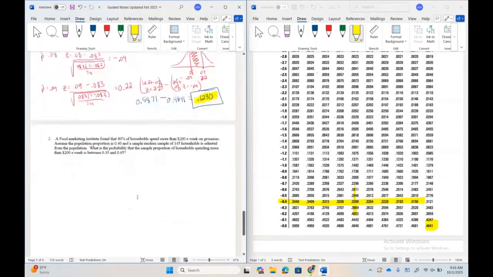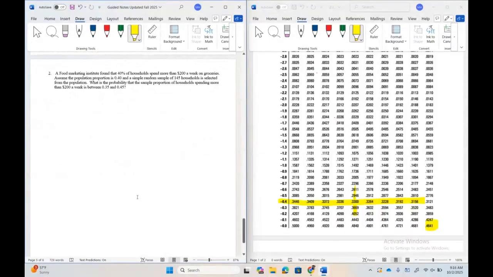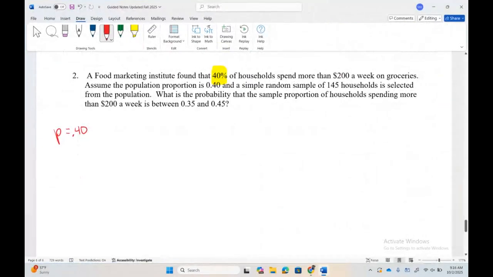Okay, last problem for this section. It says a food marketing institute found that 40% of households spend more than $200 a week on groceries.